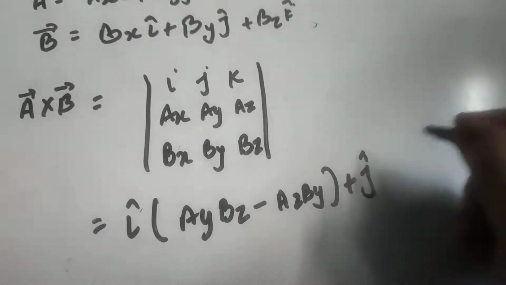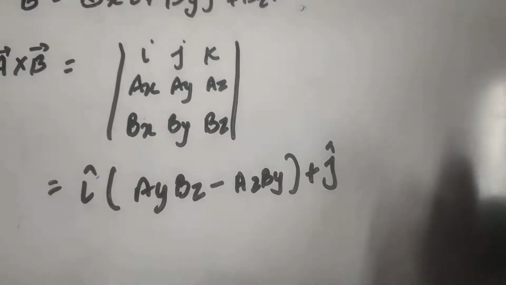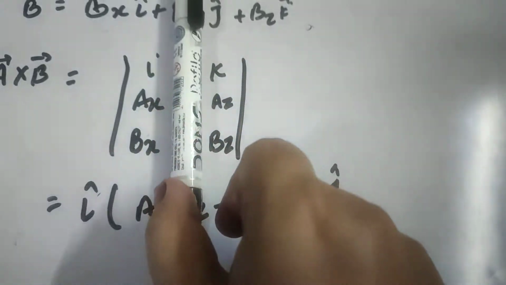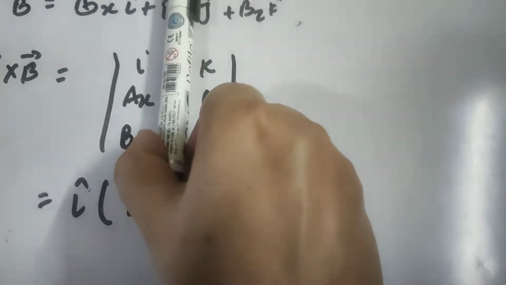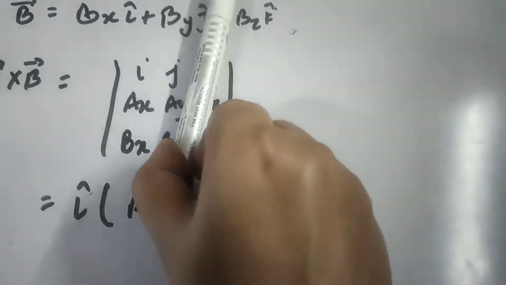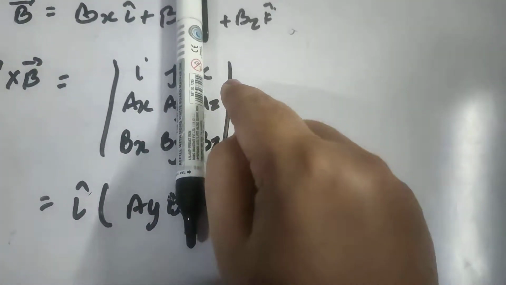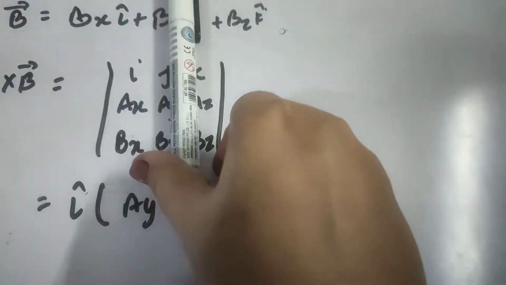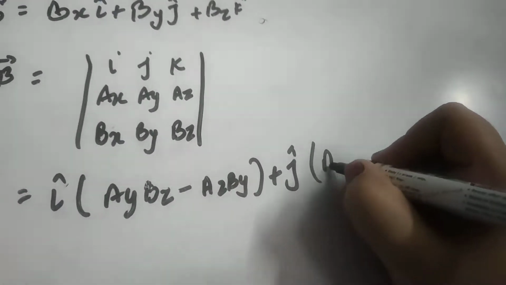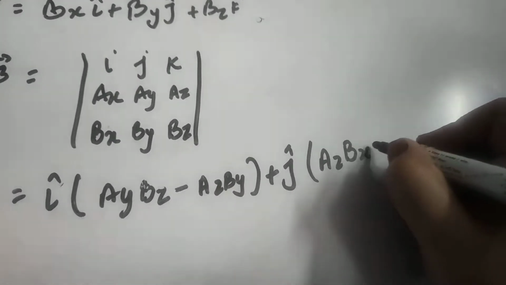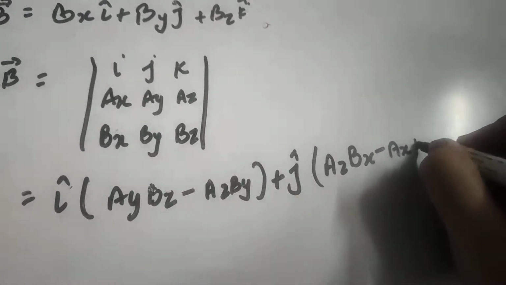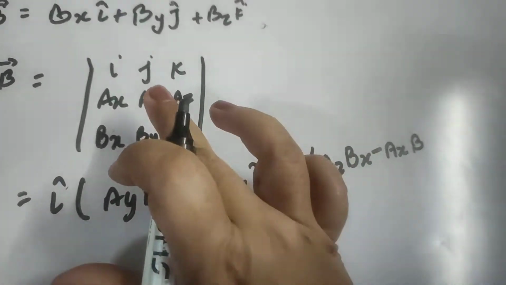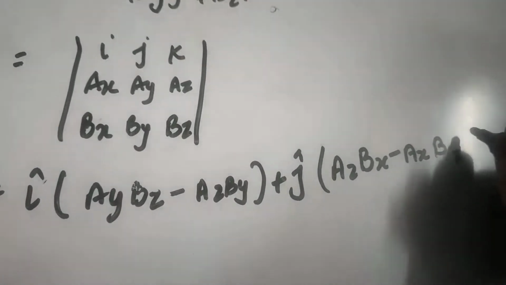Then j cap. To write the j cap, we hide the j column, and in this case we move from right to left, not from left to right. That is az bx first and then ax bz. So we write az bx minus ax bz.